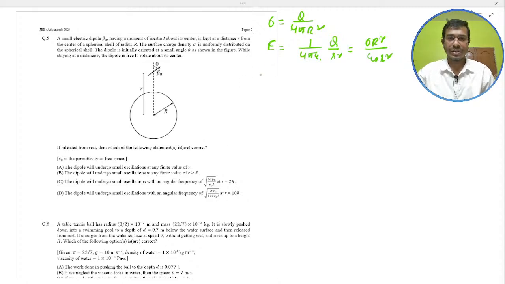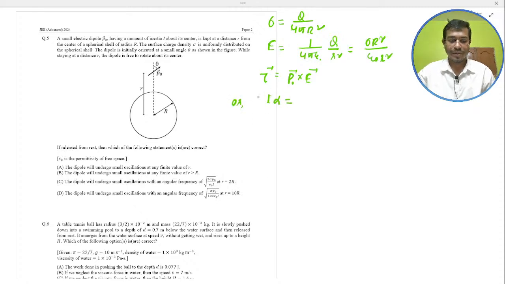Now the torque tau is P naught cross E, E being the electric field and P the polarization. Tau is I alpha.